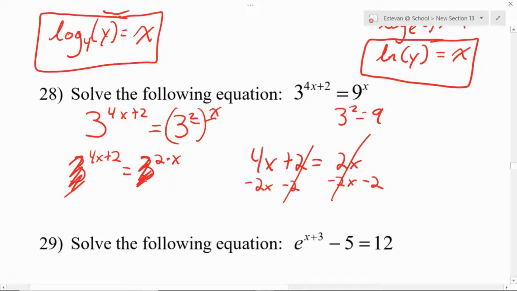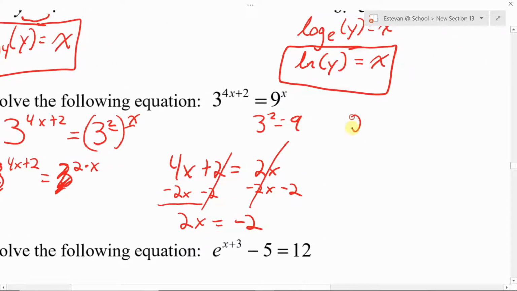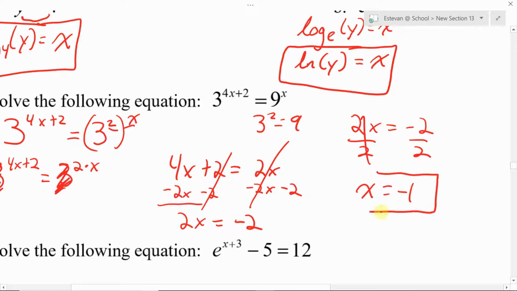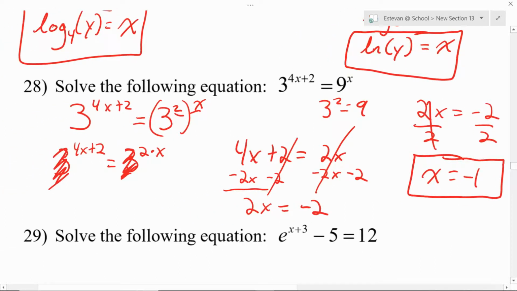The negative 2x will cancel. 4x minus 2x will be 2x is equal to negative 2, because here we have a 0. Then we're left with 2x is equal to negative 2. To get x by itself, divide by 2 on both sides. x comes out to be negative 1, resulting as your final answer.